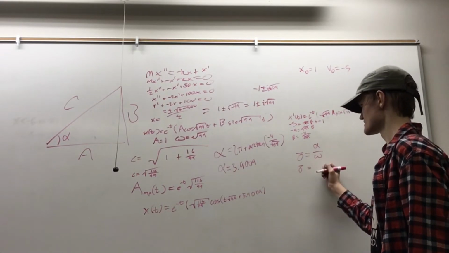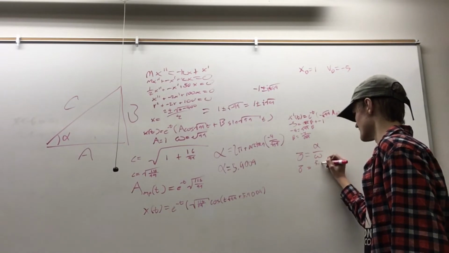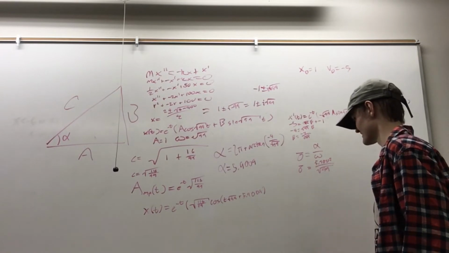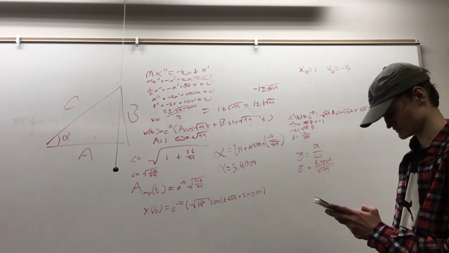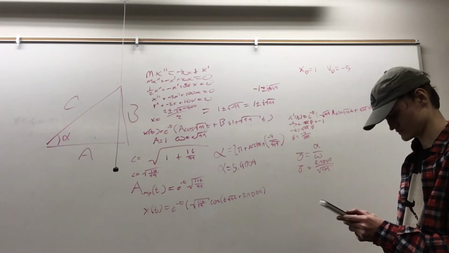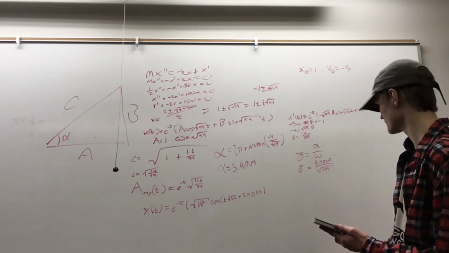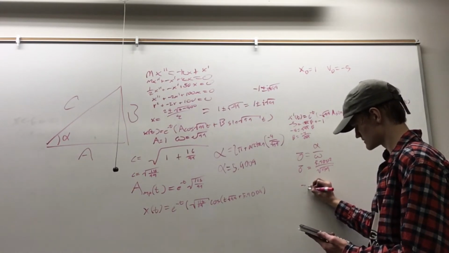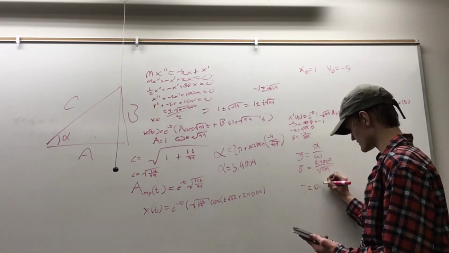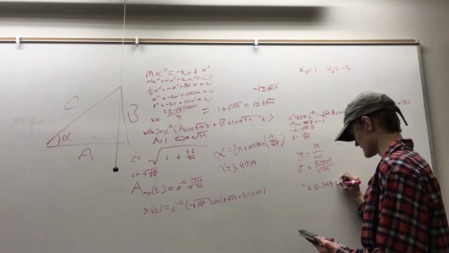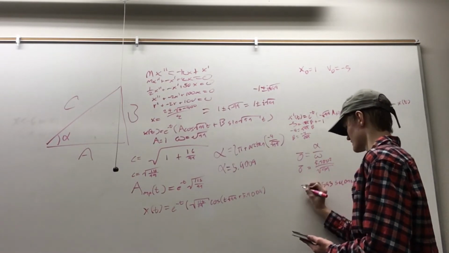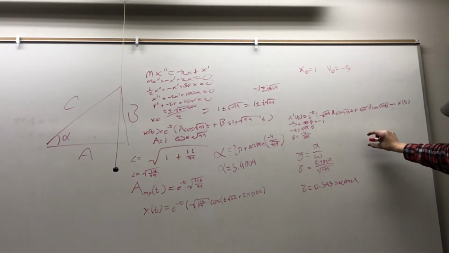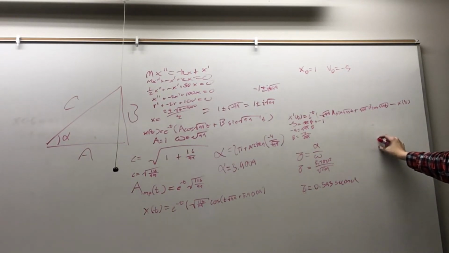Delta equals 5.9009 over square root 99, which is equal to 0.593 seconds, about. So when you release this, it's going to take about half a second for it to go all the way back around.